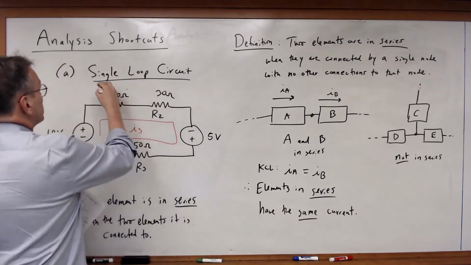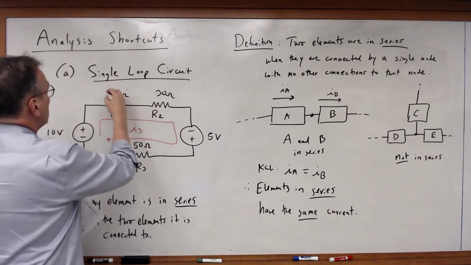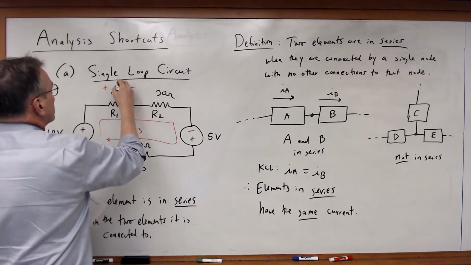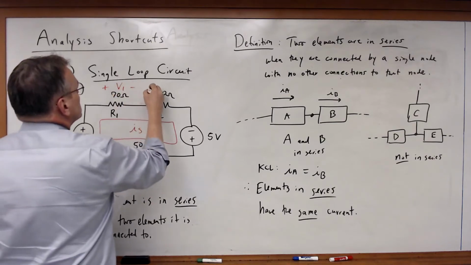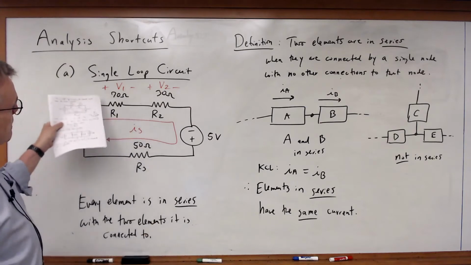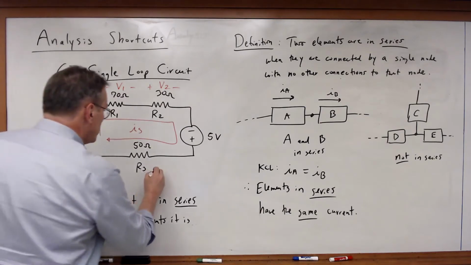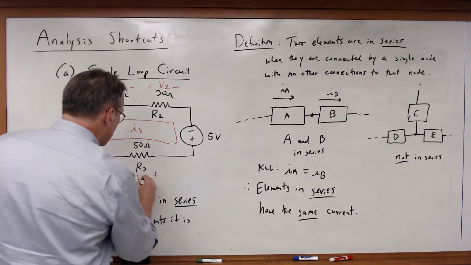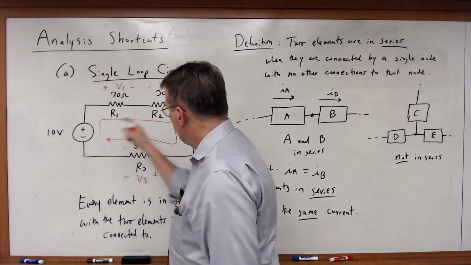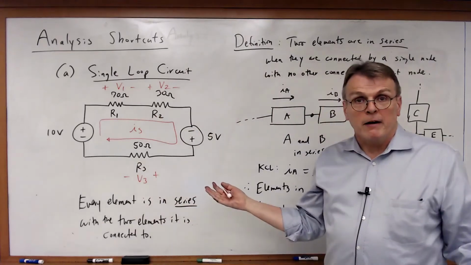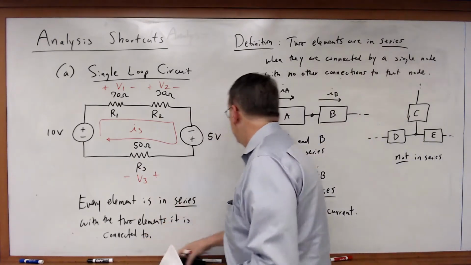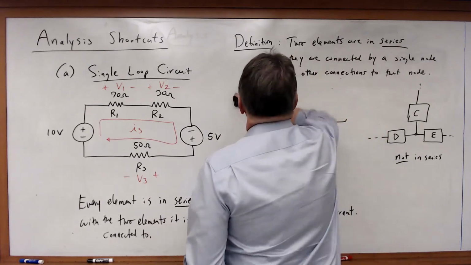If I've got IS flowing around, I've chosen a clockwise direction, each of the resistors will have a voltage drop. Using the passive sign convention, V1, V2, and V3 must be across those three resistors. The voltages for the voltage sources, of course, are already defined, so I don't need any variables for those. And now I can go through and I can write the equations for this.